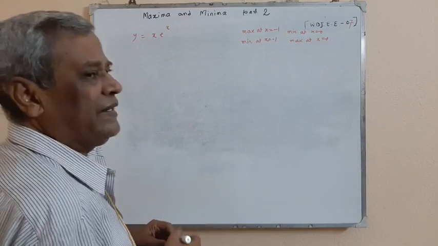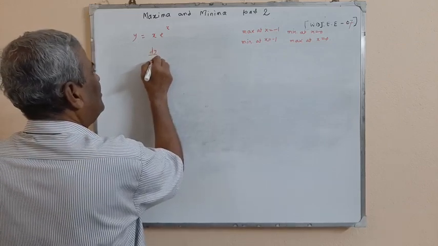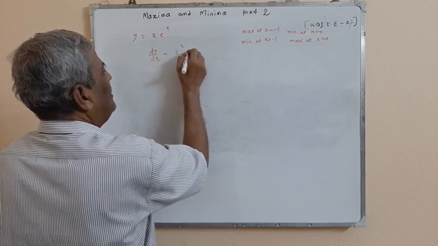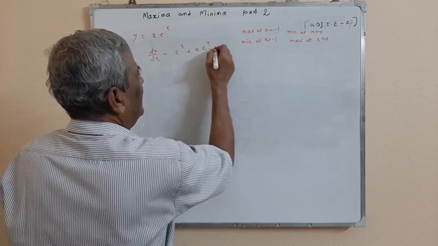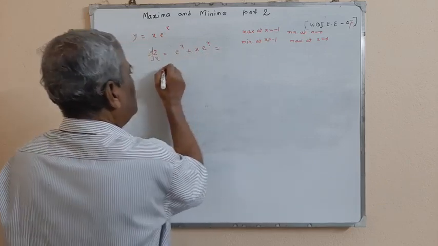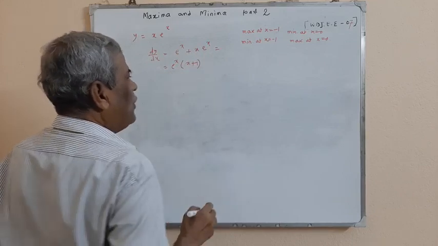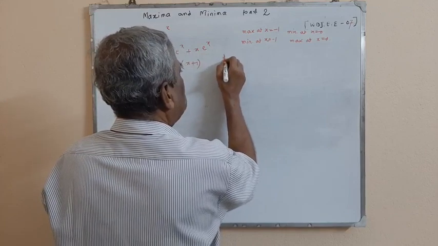We have to find derivative. So dy dx is equal to 1 into e to the power x plus x into e to the power x is equal to e to the power x into (x plus 1). For maximum or minimum, dy dx should be 0.